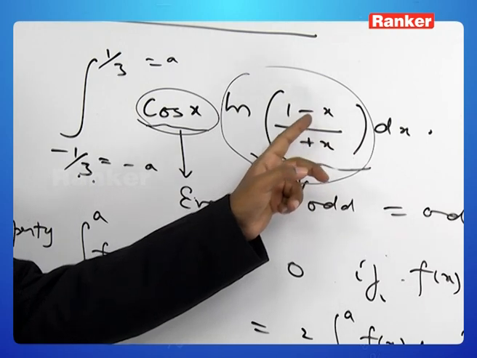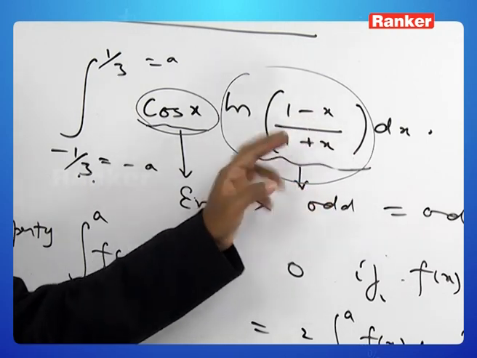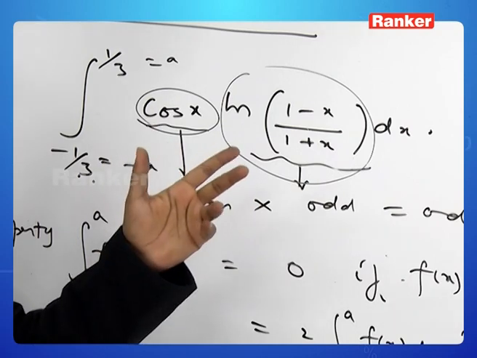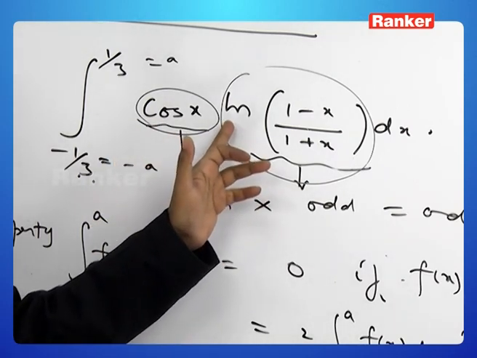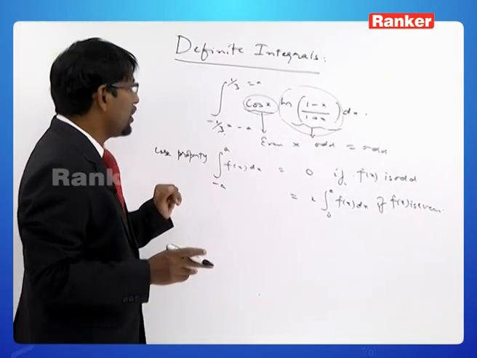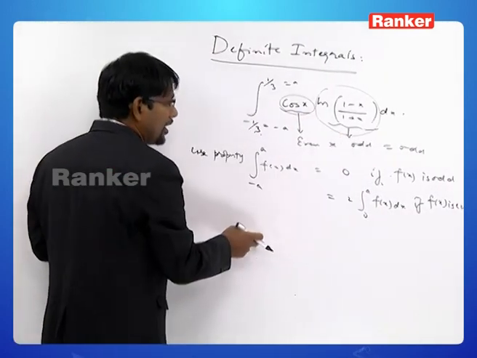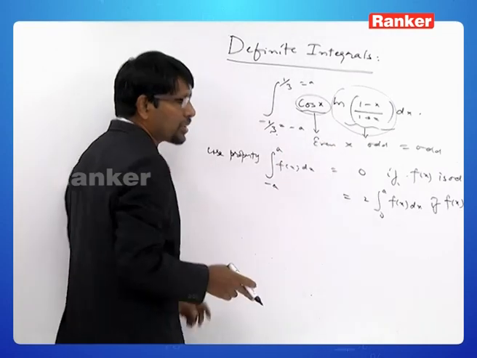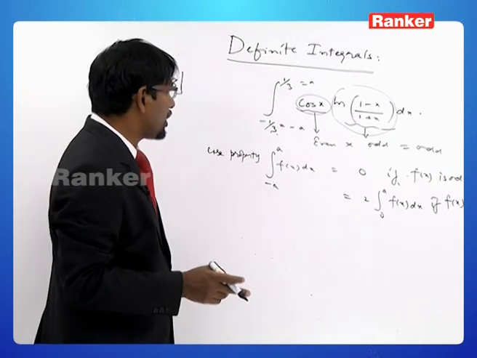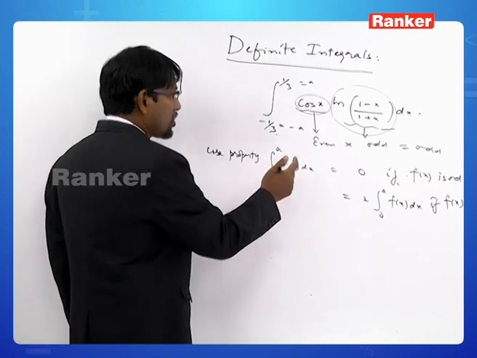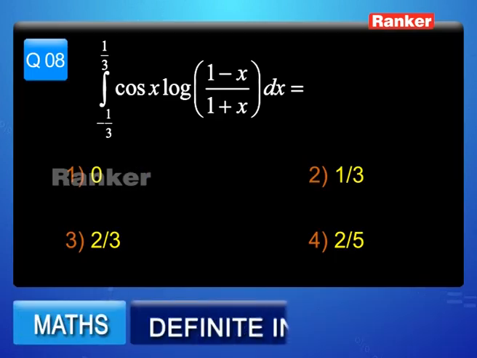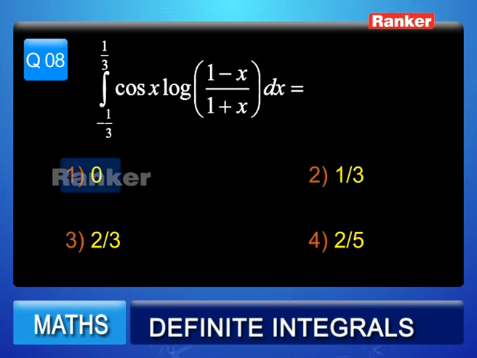This becomes 1 plus x and 1 minus x here. So ln of 1 by t is minus ln t. So what do you get? Minus of this thing. So this becomes an odd function very clearly. So even into odd function is an odd function. So the integral of an odd function within the limits minus a to a has to be 0. So we use this property. Therefore the answer is the first option.